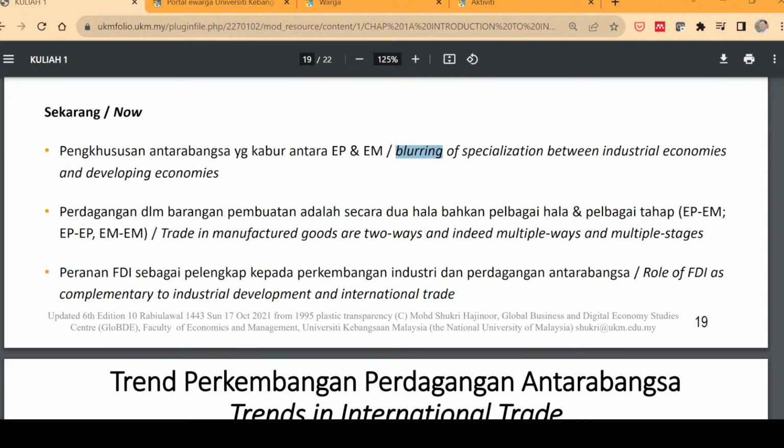Korea was a developing country at that time, and now can be considered already developed, on the verge of a developed country. So why the blurring? The blurring of what? Specialization. Because many developing countries now, including Malaysia, are exporters of manufactured goods. And multiple ways among developing countries, among developed countries, and multiple stages as well.